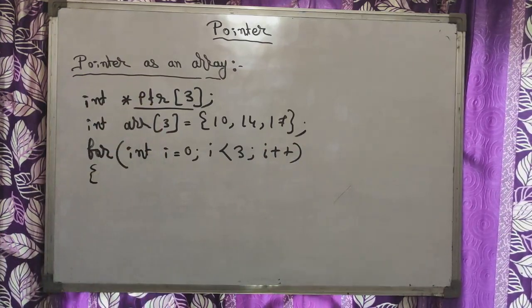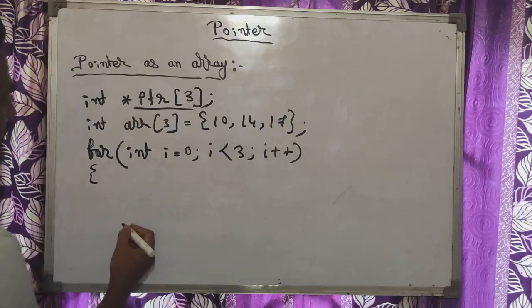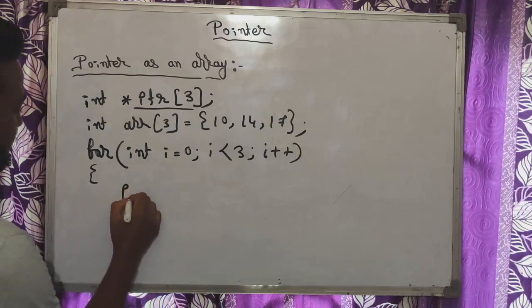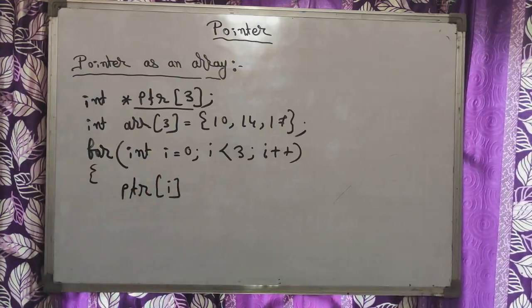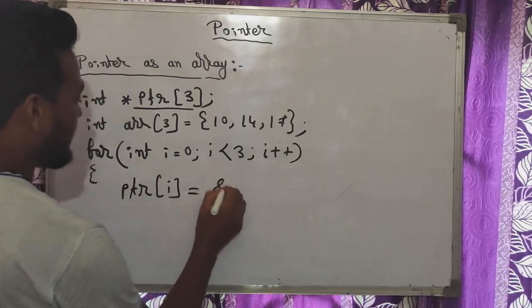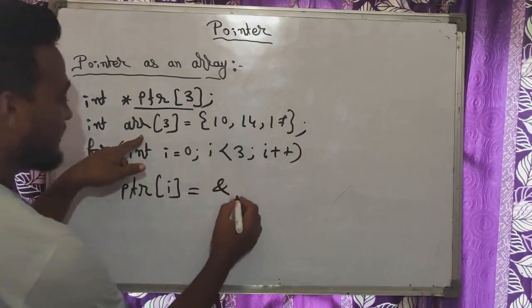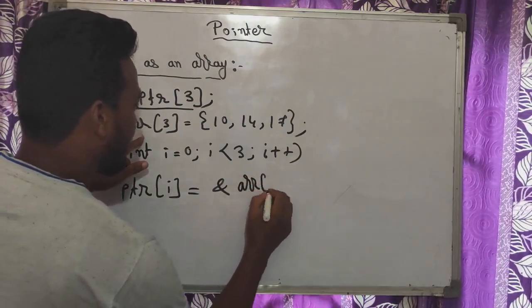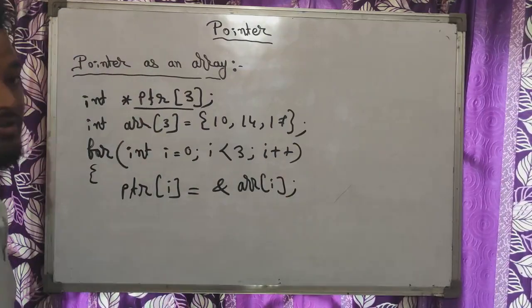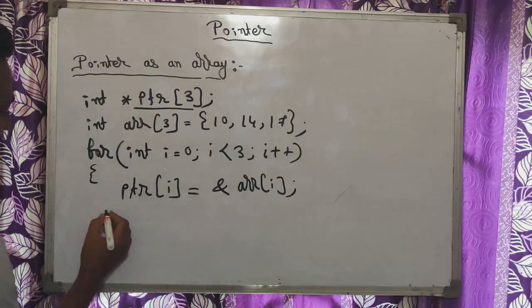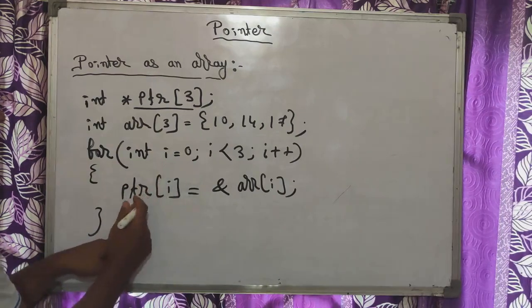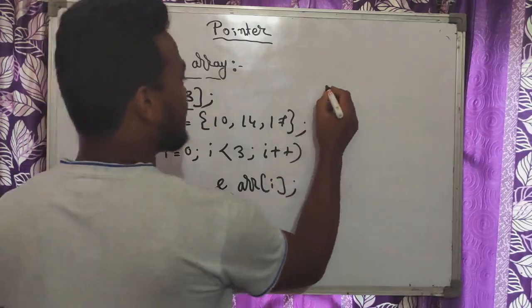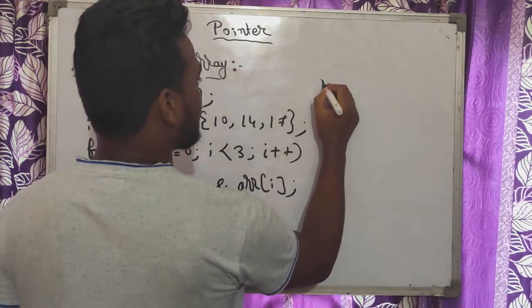How are we going to do it? We are going to assign ptr[i] equal to ampersand, whose value we are going to assign? That is arr[i]. So step by step, one variable's address will be assigned to this ptr. Then secondly, you can see here i. So for the first time ptr[0]. Okay. So there are 3 pointer variables.